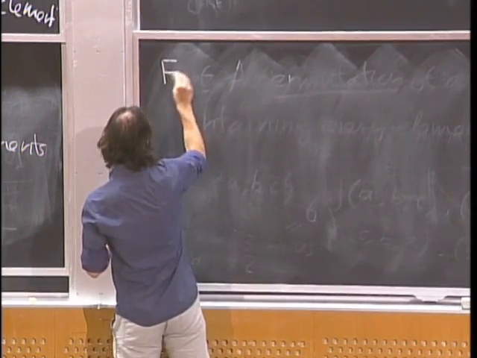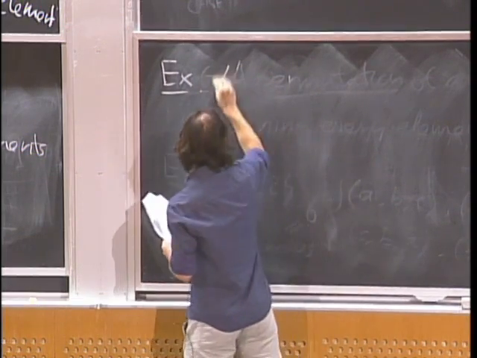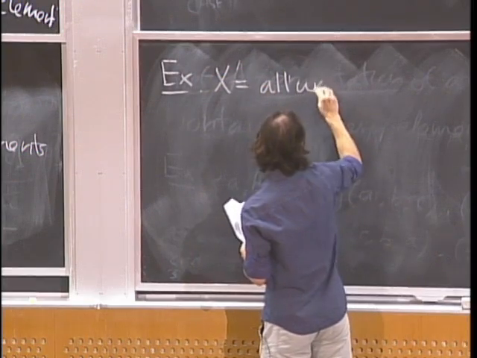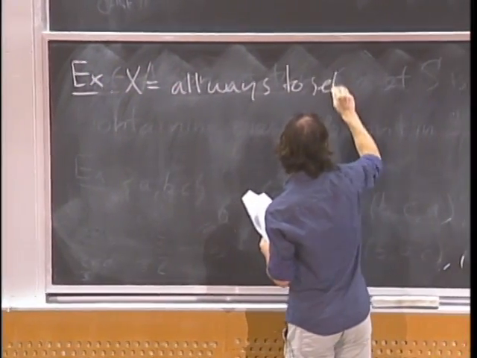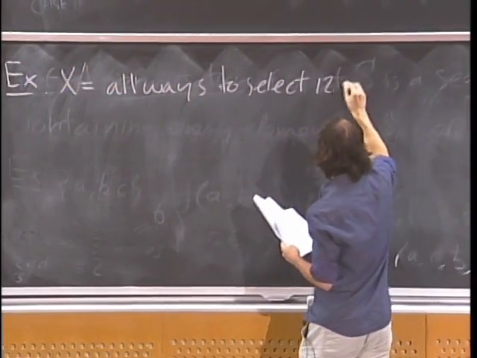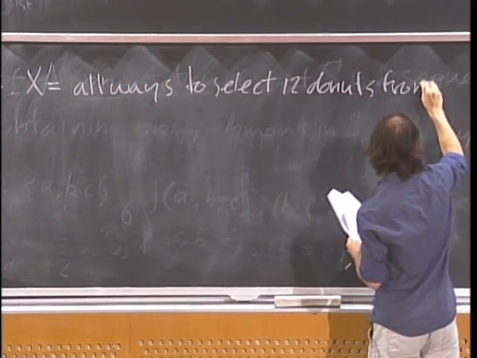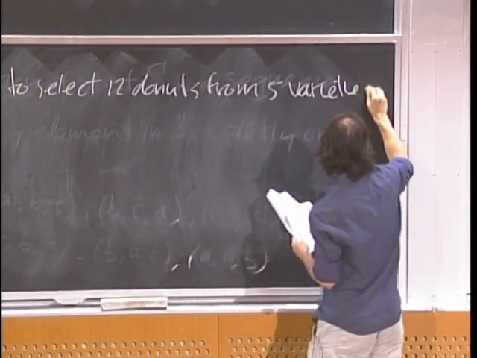So as an example, let X be all the ways to select, say, 12 donuts from 5 varieties. So let's give an example.